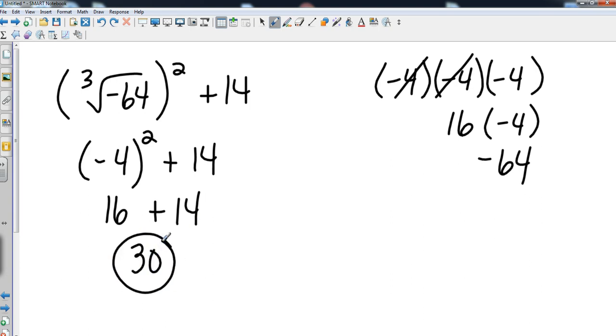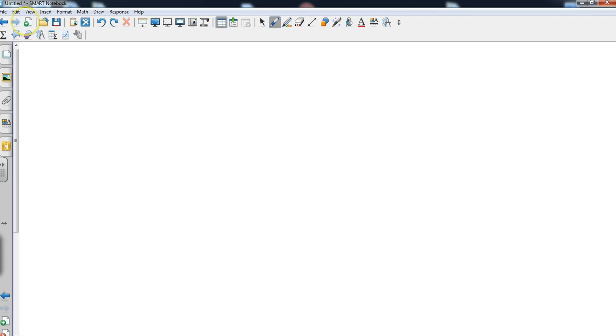Again, tons of different ways they can write expressions. I want to get into one that has a fraction, because I know we have common fears of fractions, and I want to get rid of those common fears. So what if we had x divided by 4, and we're going to add the cubed root of x divided by 3.